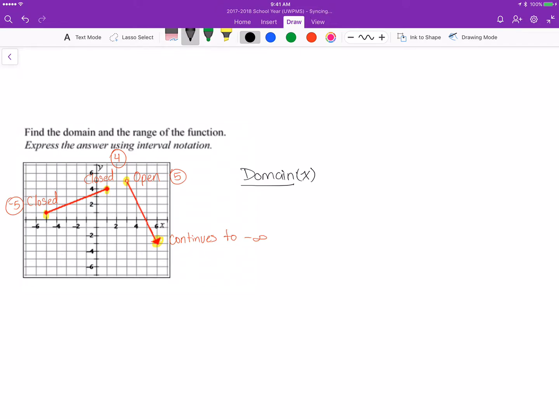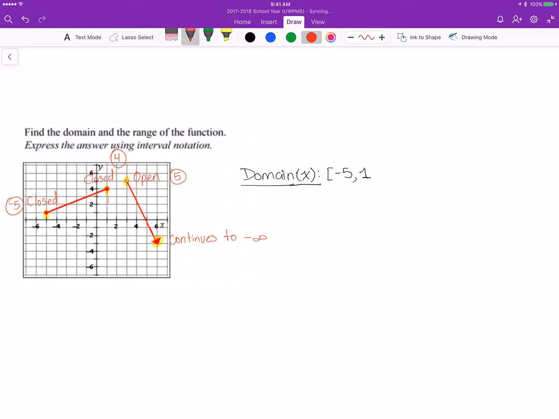Sorry about that. My x values are a combination of close -5, comma, 1. Forgot about this one right here.